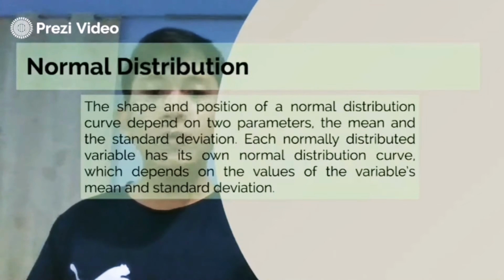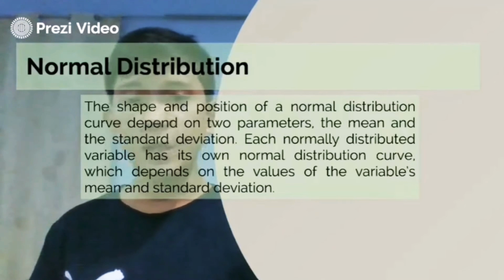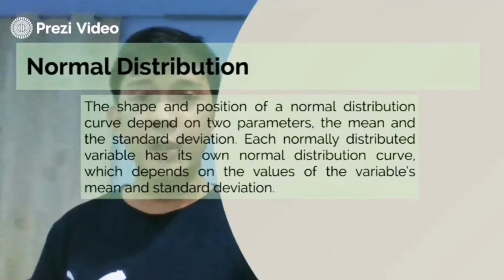Next, the normal distribution. The shape and position of a normal distribution curve depend on two parameters, the mean and the standard deviation. Let us remember the meaning of the mean. It is also known as the average of the data values.